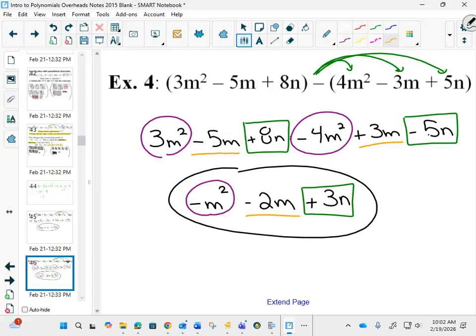And you're subtracting those things. Well, you can only subtract helicopters from helicopters, apples from apples, and chocolate bars from chocolate bars.